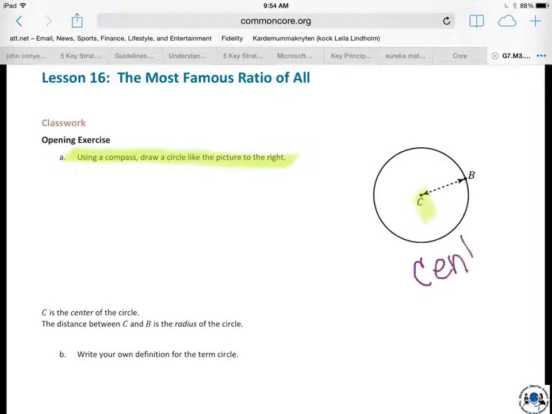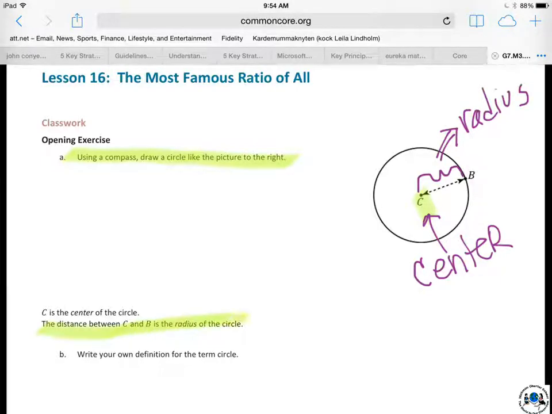And then the distance between C and B, in this case, is known as the radius. I think most of you do know this already. Those two things are also mentioned right down there.